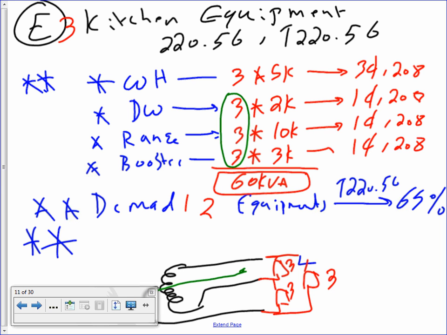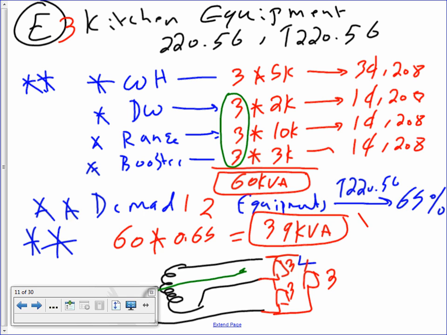You go to 220.56, Karen, and get your demand factor of 65%. Then you take your 60, multiply it by 0.65, and that will get you a healthy 39 kVA. That's the one that you're going to carry downstream.